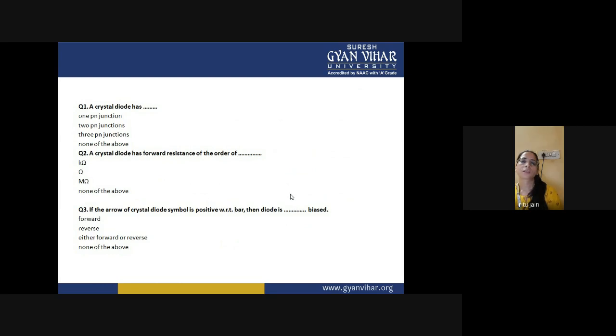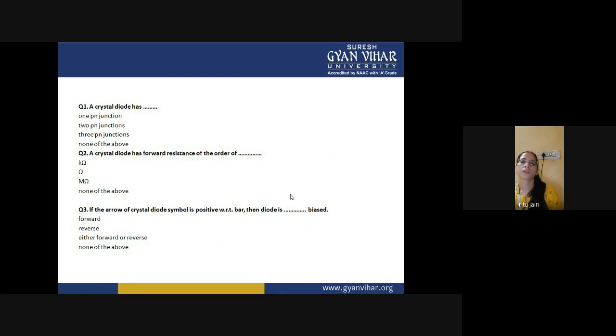The second question is that a crystal diode has forward resistance of the order of what? When the diode is forward biased, there will be some very small current, but a crystal diode has a forward resistance which is in ohms.